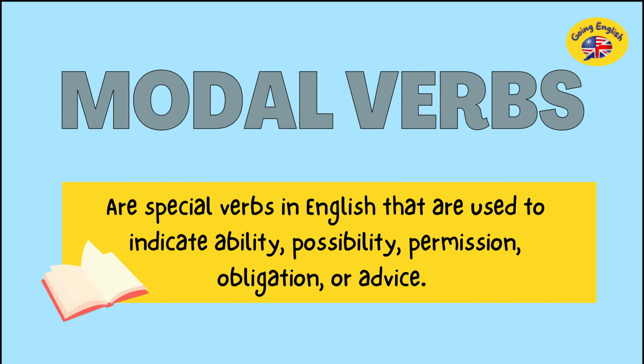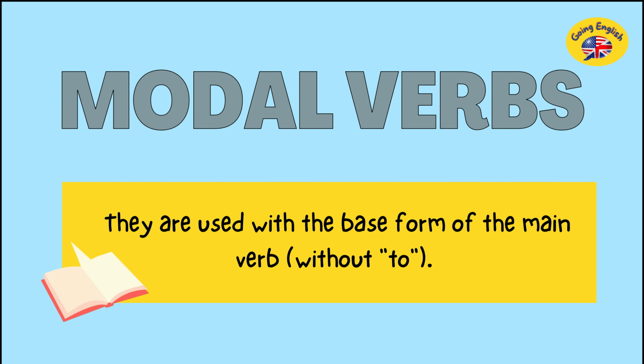Modal verbs are special verbs in English that are used to indicate ability, possibility, permission, obligation, or advice. They are used with the base form of the main verb without to.